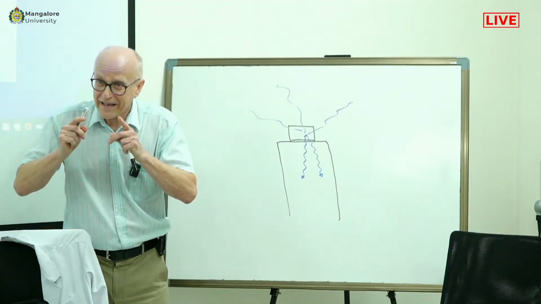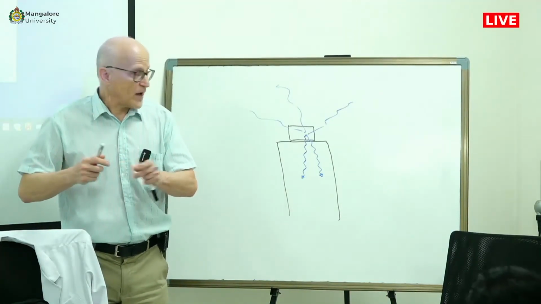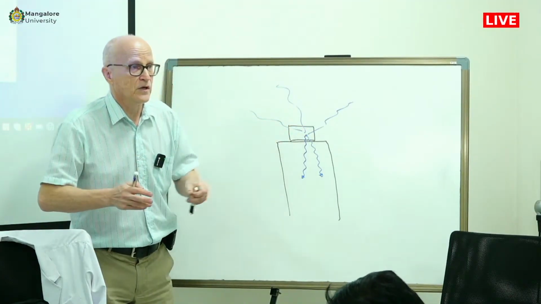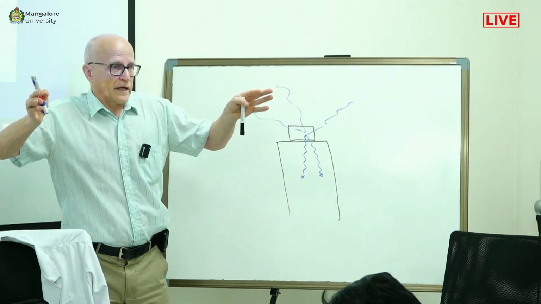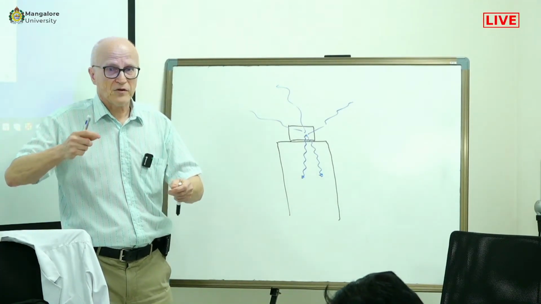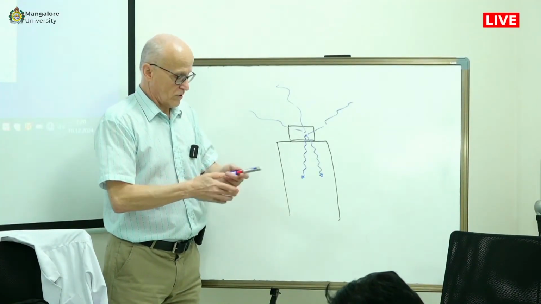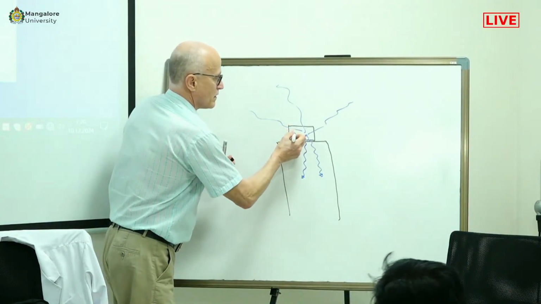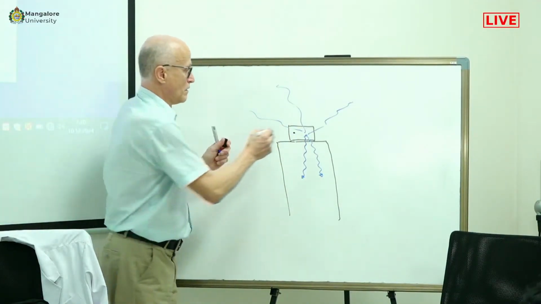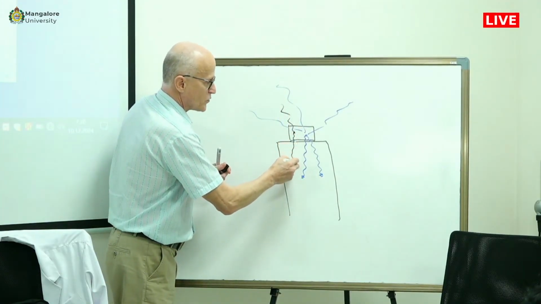There are so-called random coincidences too. If this source is very active, several kilobecquerels or even megabecquerels, let's assume that there is another nuclide here which also decays. Photons can go that way or this way.